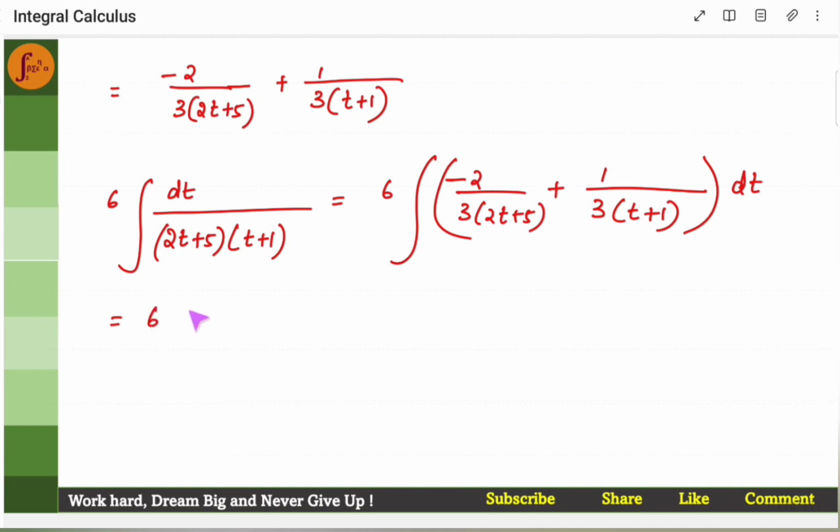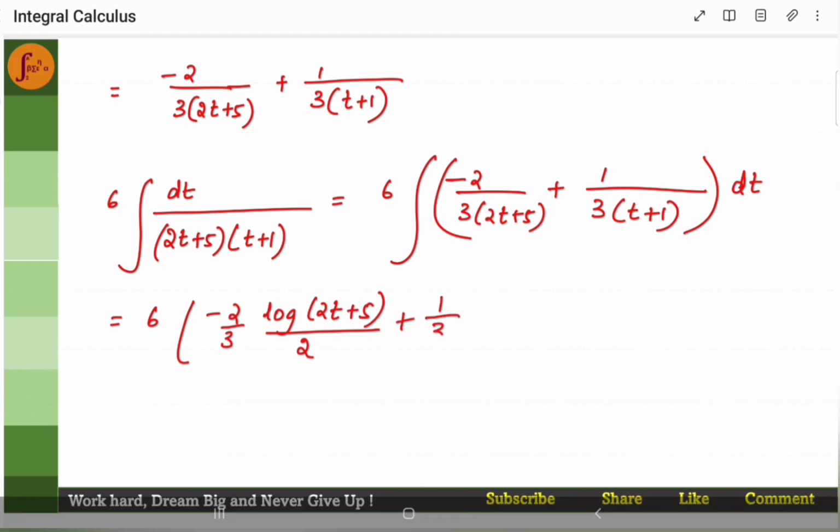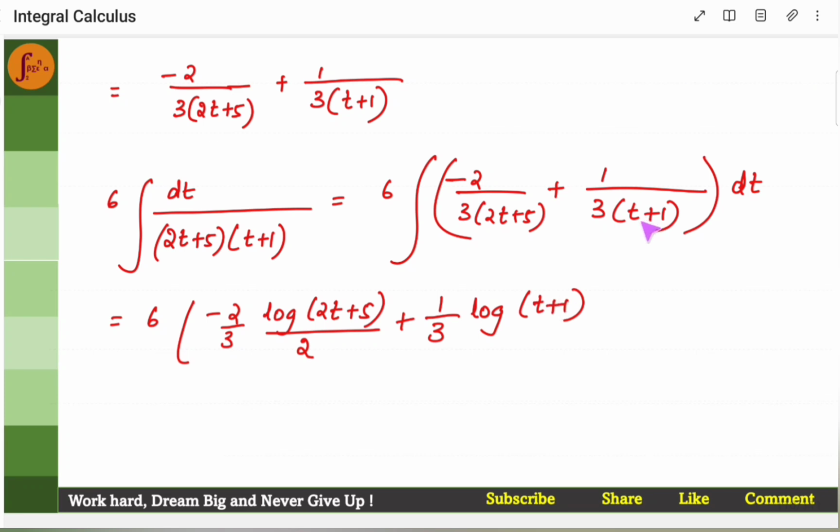Now what is the integral of this? Minus 2 by 3 log of (2t + 5), and put the coefficient. What is the coefficient of t? What is the number next to t? It's 2. So divide by 2, plus 1 by 3 log of (t + 1), and what is the coefficient of t?